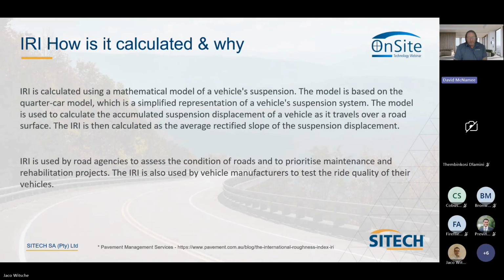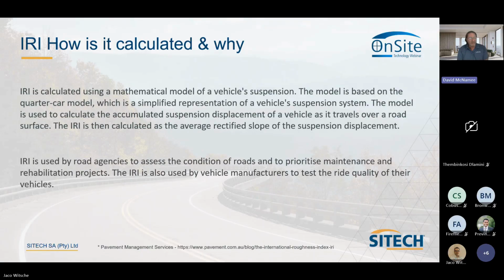So how does it work? It's calculated using a mathematical model of a vehicle suspension. It's a quarter car model, and it basically simulates a car driving down that road and the displacement, or how uncomfortable that road is for the car to drive on. It's used for existing conditions too, so they can use it for pre-work.